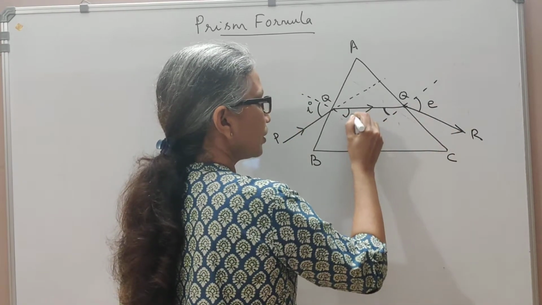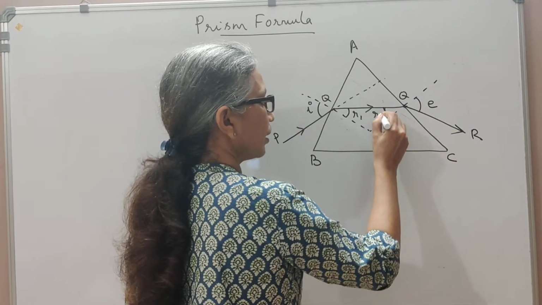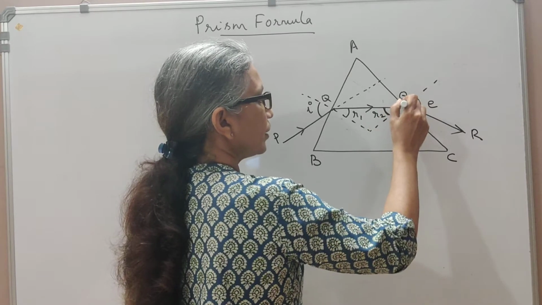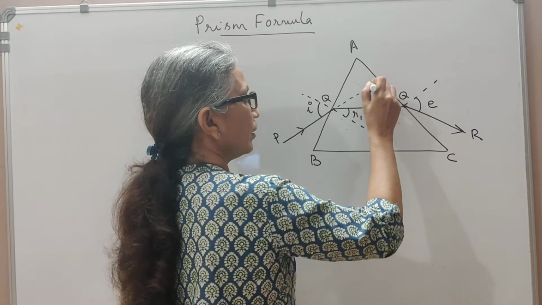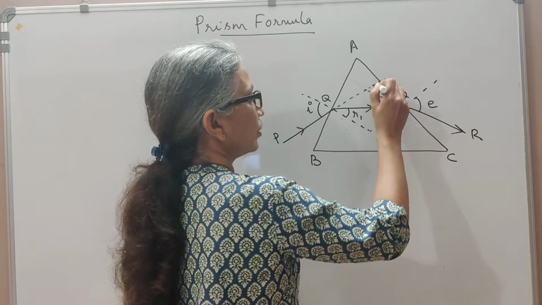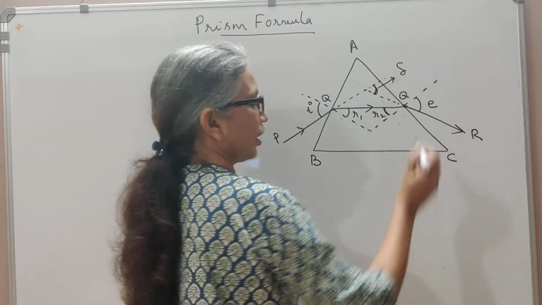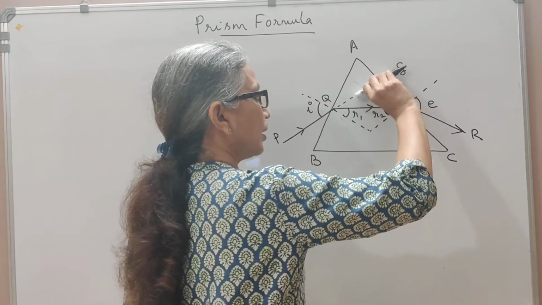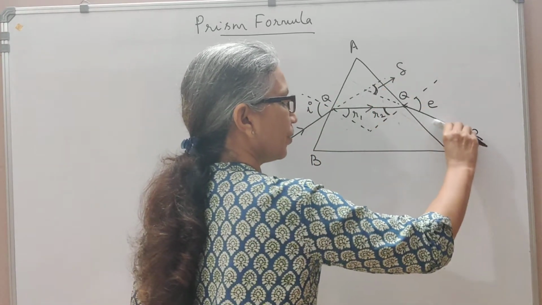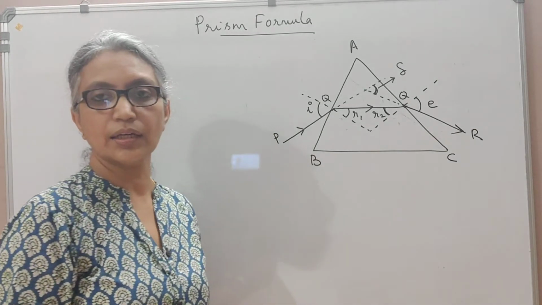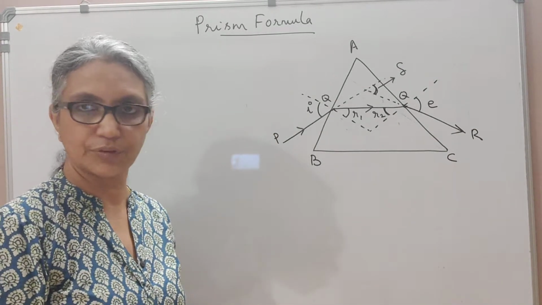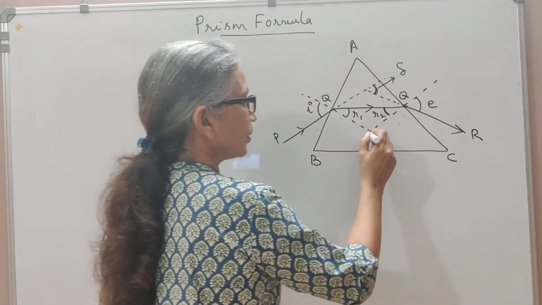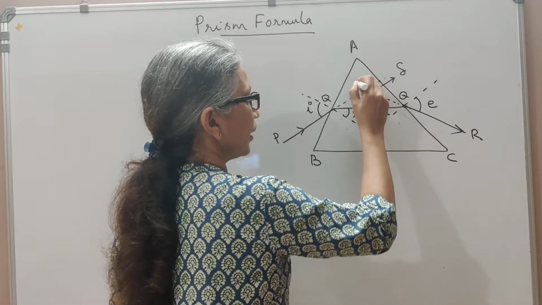Now I am going to call this angle R1 and this R2, and this, if I extend it back here, this angle is called the angle of deviation delta, because how much has the incident ray deviated before coming out of the prism. That angle is what you call the angle of deviation. I'm going to call this n and this m.